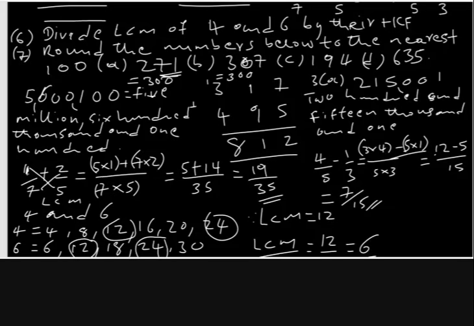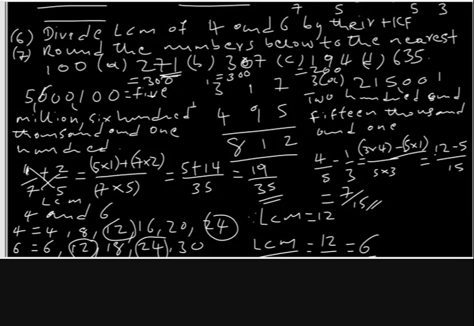Now this one is 194. Look at it, this is 94, and 90 is already more than 50. So when we round this one, we round it up. 194 is going to give us 200 to the nearest 100.